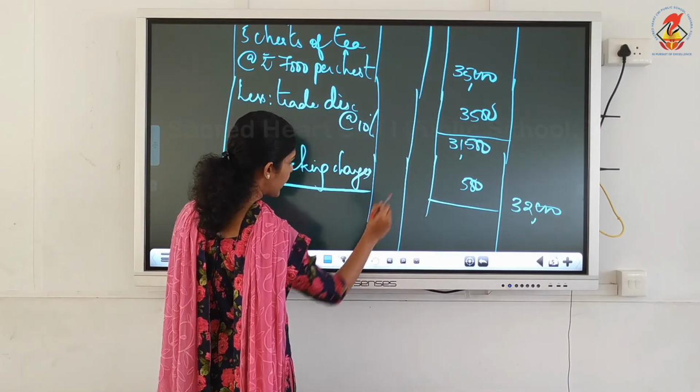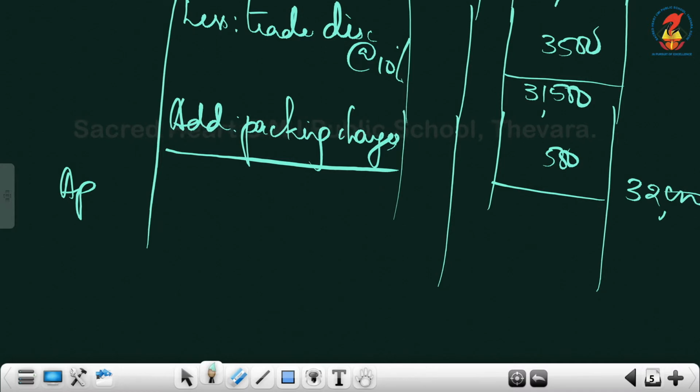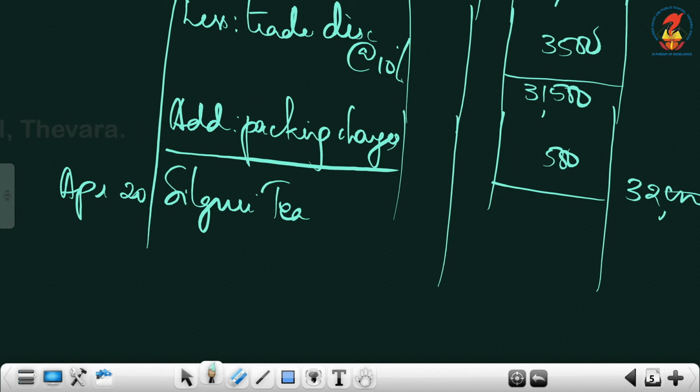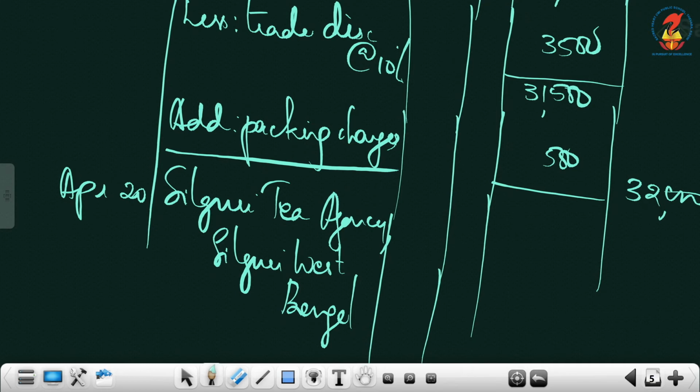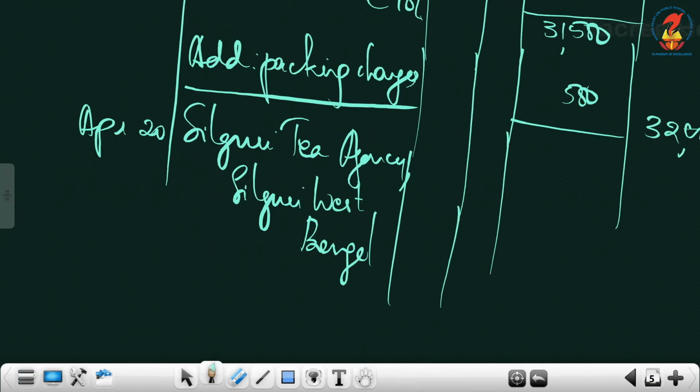The next one, 15 boxes of tea, you can write the transaction on April 20th. So here you draw a line and write April 20th. The item you purchased is 15 boxes of tea at the rate of 600 per box.